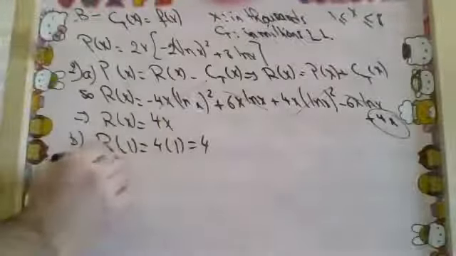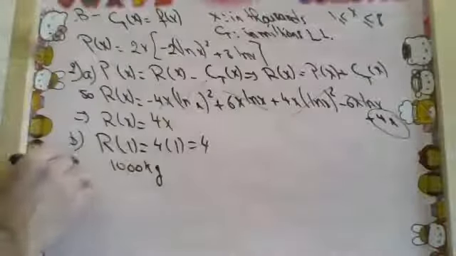R of 1 is equal to 4 times 1, which is equal to 4. It means that the revenue of selling 1,000 kg, or the price of 1,000 kg, is 4 million.